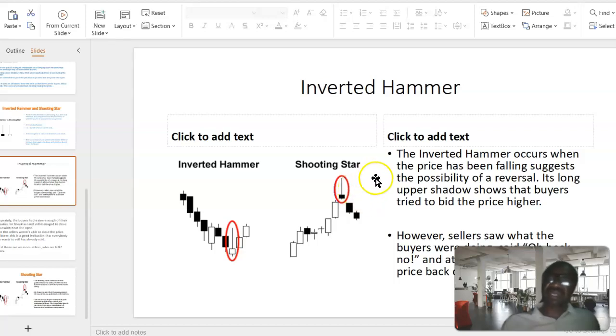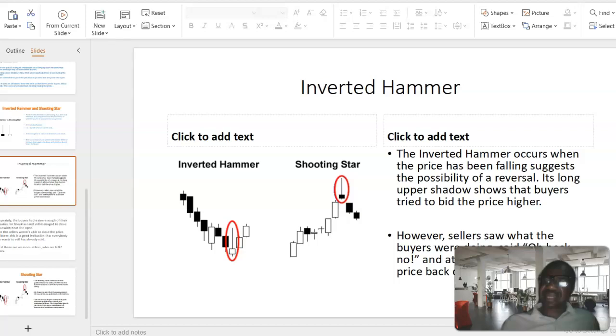So when you see this, an inverted hammer, it occurs when price has been falling, and it suggests the possibility of a reversal. It has a long upper shadow, and it shows that buyers tried to bid the price higher.